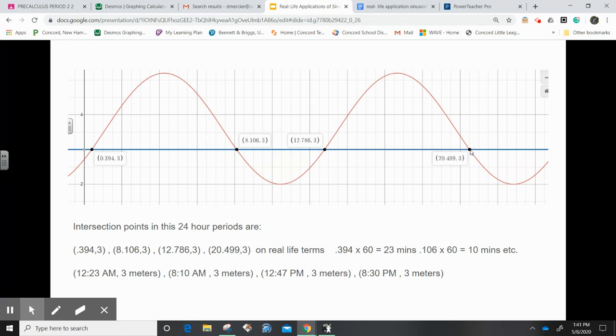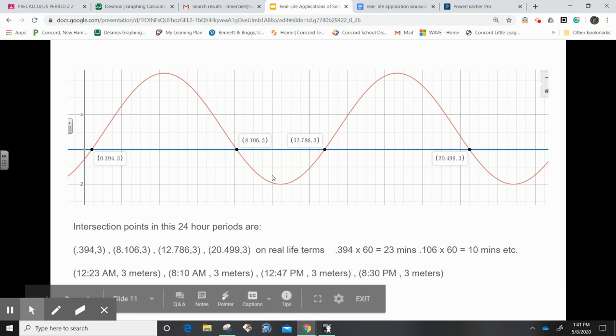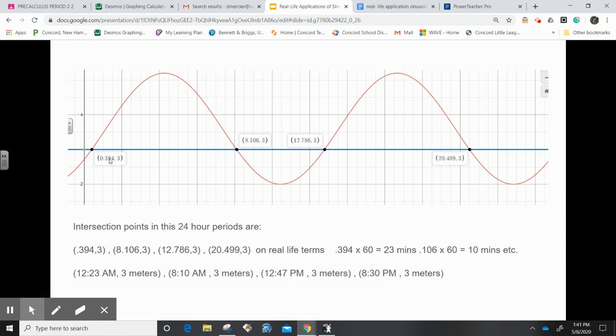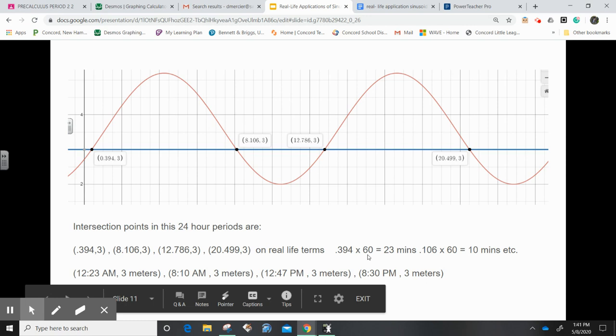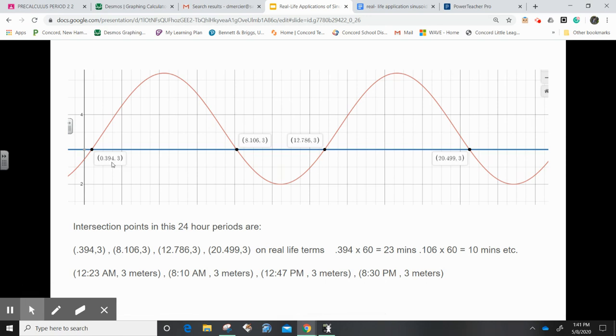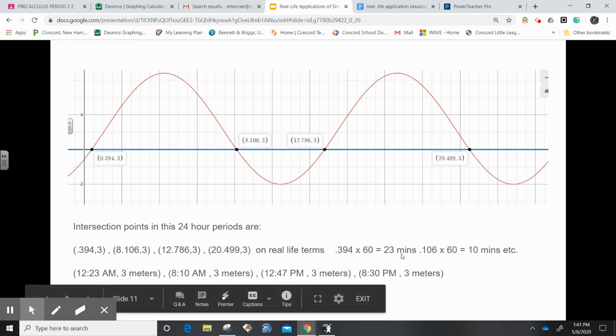Now, all these intersection points, let's put them into real life terms. This is the hours past midnight. So what I'm going to do is take this decimal and multiply it by 60 minutes. So 0.394 of an hour is 23 minutes.